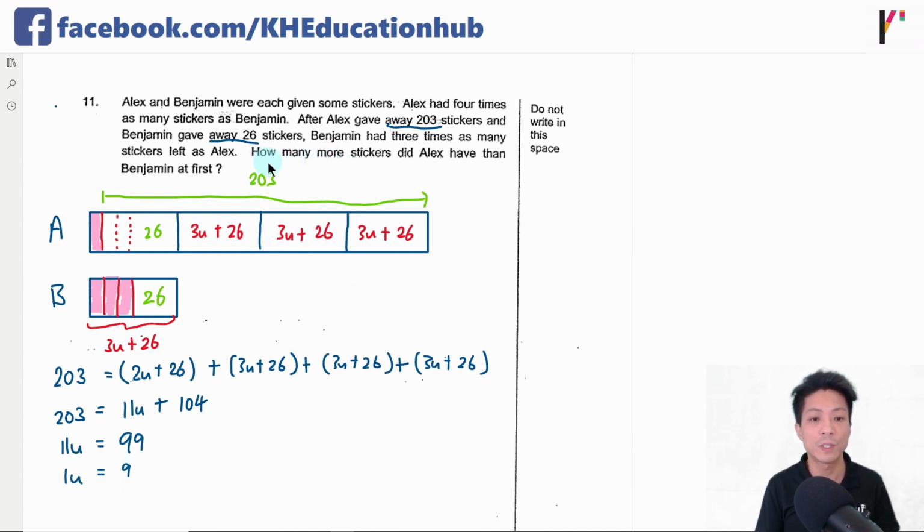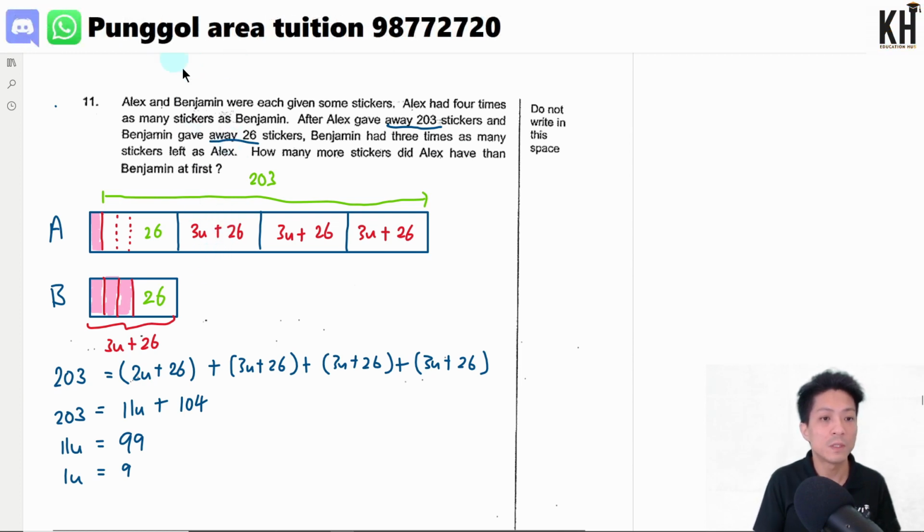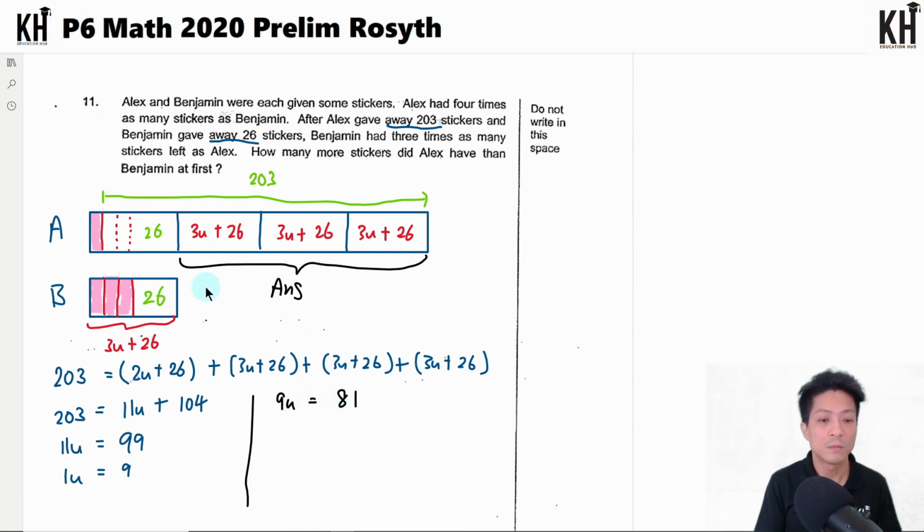Going back to the question: how many more stickers did Alex have than Benjamin at first? This part over here is what you want to find. First we need to find what 9 units is. 9 units is 81, because it's 9 times 9.